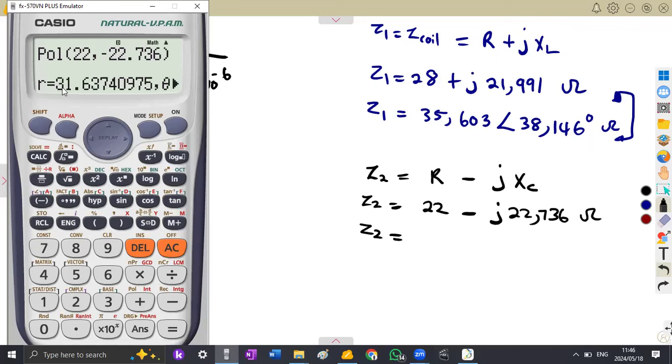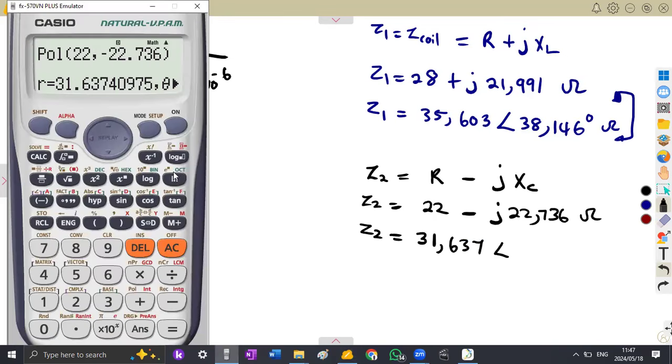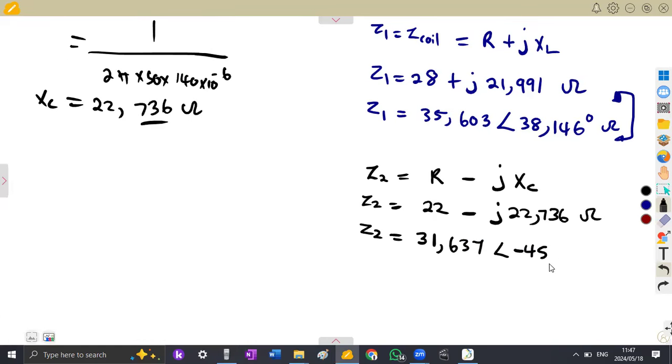This was going to give you 31.637. Take note about this one. It was actually a mistake there. 31.637, and it affects everything that you're going to have later on. The angle is supposed to be minus 45.943 if you round off to 3 decimal places. So that's minus 45.943 degrees.